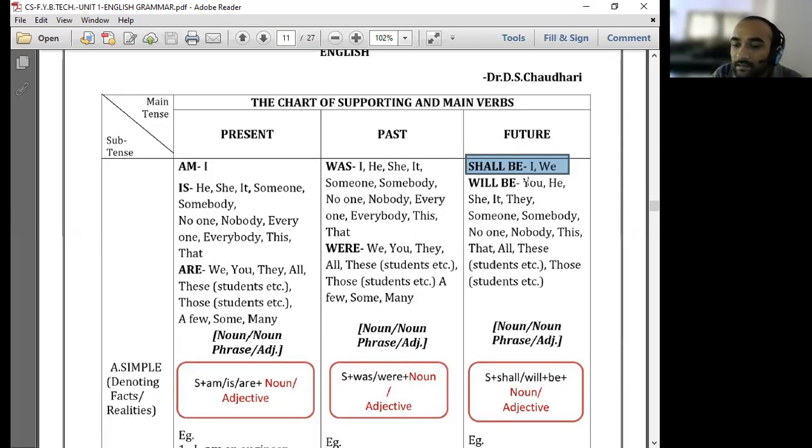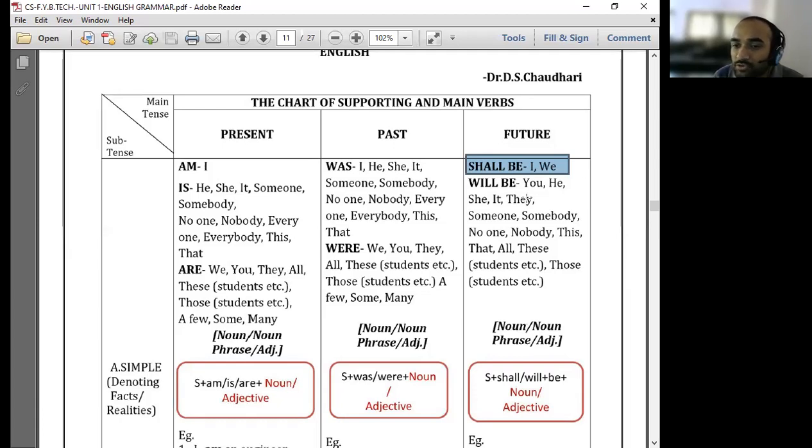And will be is used after you, he, she, it, they, someone, somebody, no one, nobody, this, that, all, these, and those.